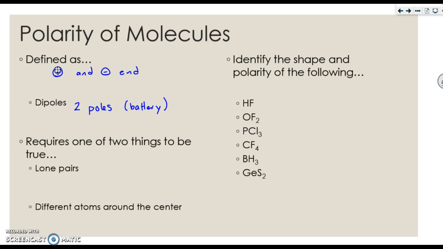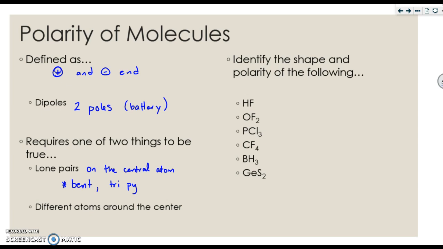For something to be polar as a molecule, which is different than the polarity of a bond from earlier in the chapter, it requires one of two things to be true. There should be lone pairs on the center, so certain shapes are always polar. Bent and trigonal pyramidal are always polar regardless of what other things are connected to the center.